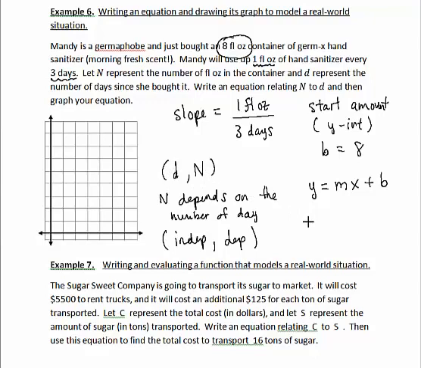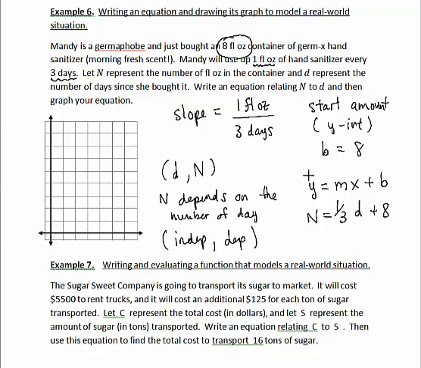So n replaces the y, d replaces the x. Our slope, our rate of hand sanitizer use, was 1/3, and then we started with 8 fluid ounces.